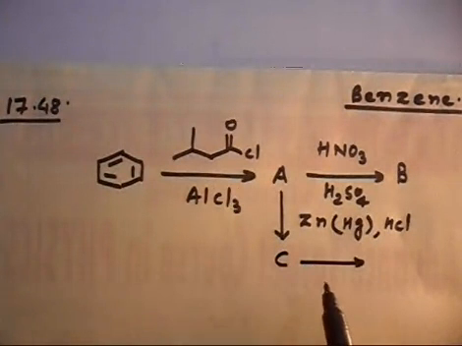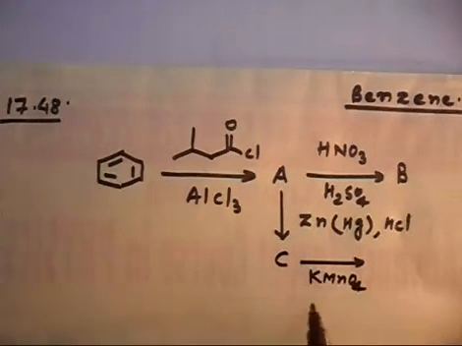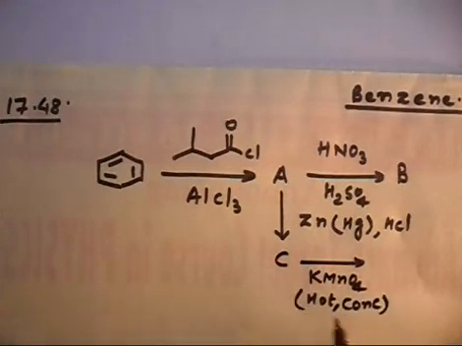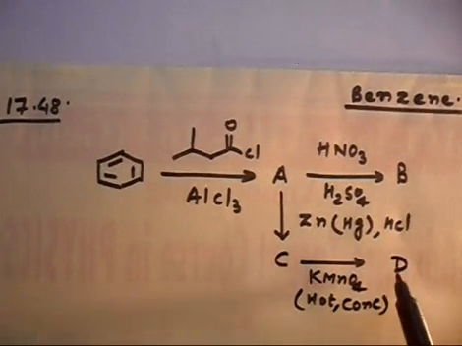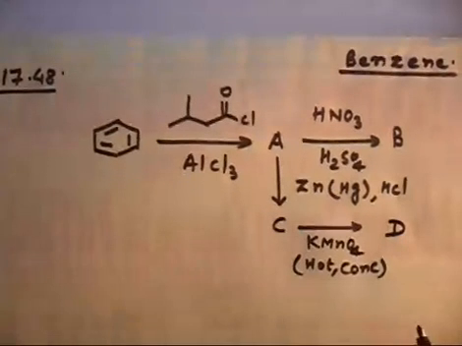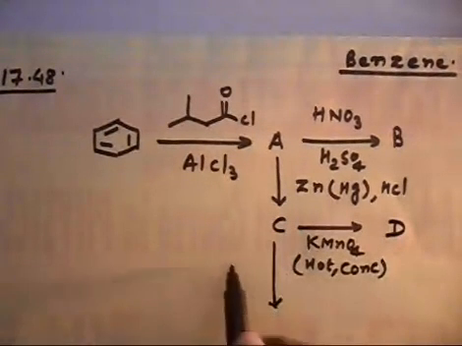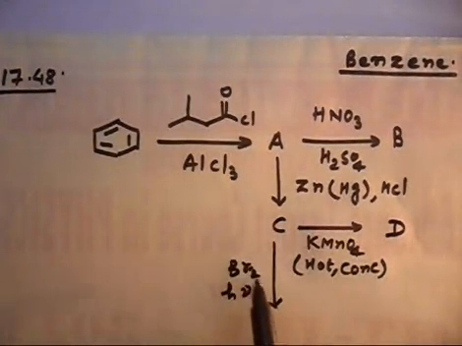And C further reacts with KMnO4, hot and concentrated KMnO4, this gives D. This is given. Now if C reacts with Br2 and hv, this means it is a free radical reaction.